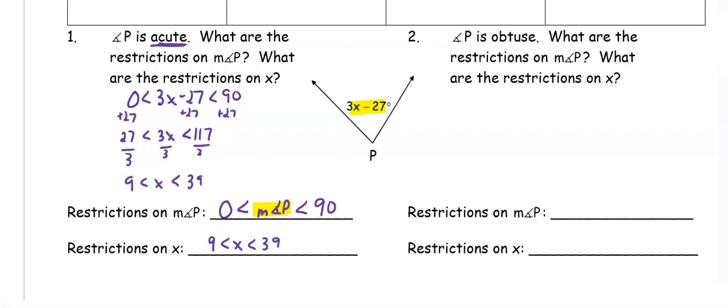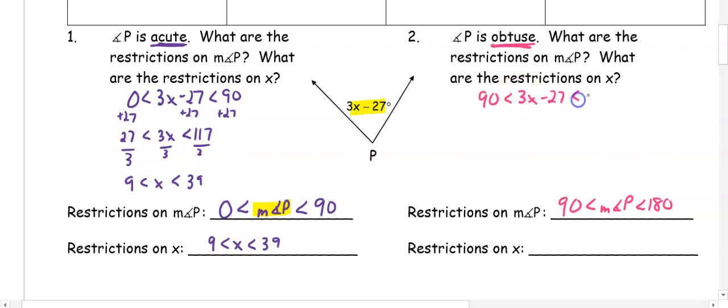Now, in 2, we're using the same angle, but we're switching so that P is obtuse. So obtuse means it's a bigger angle, so that means that the measure of angle P is going to be between 90 and 180. When we substitute in to find the x, we have 90 is less than 3x minus 27, which is less than 180.